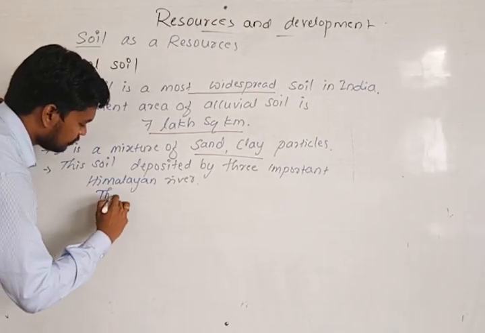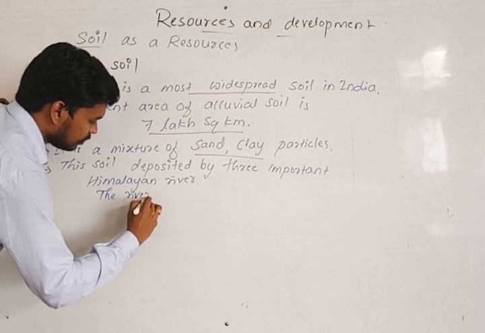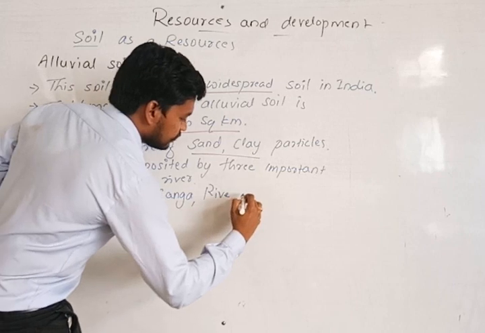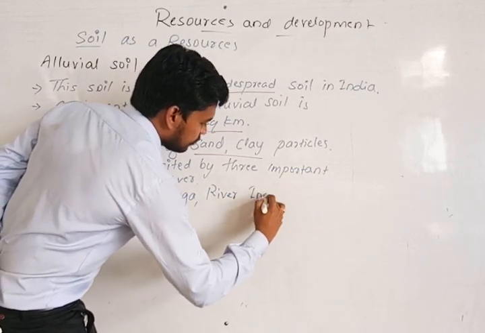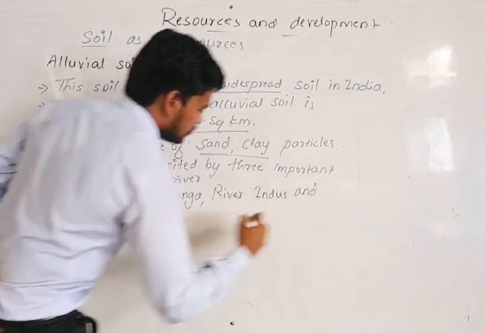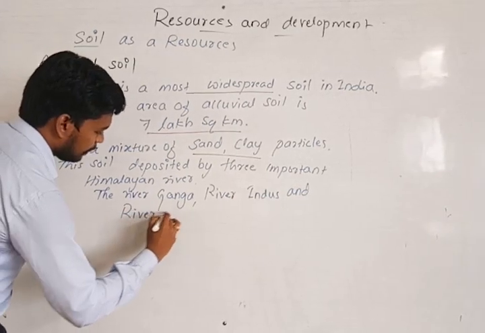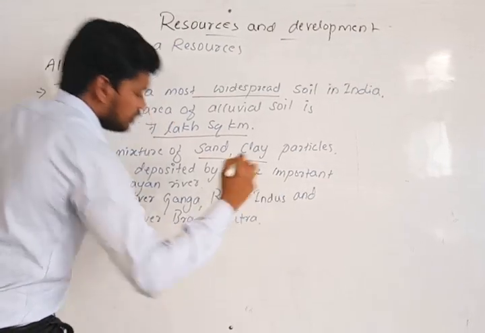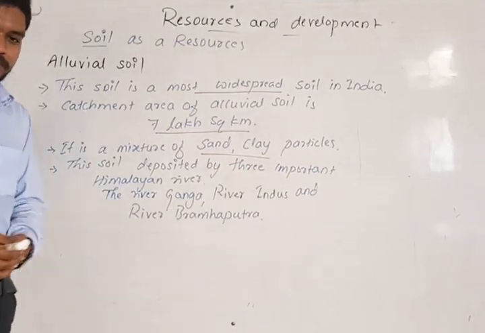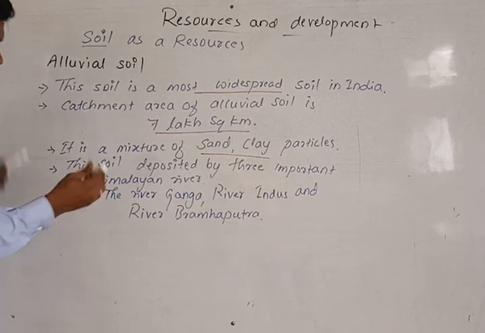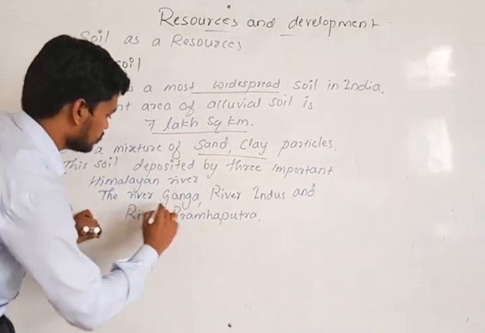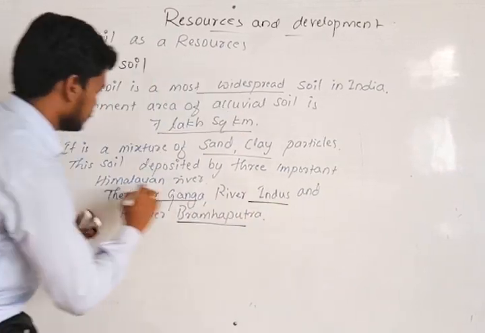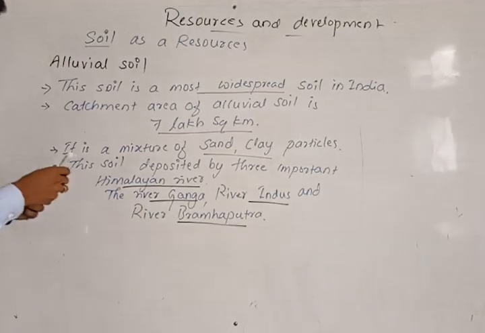The river Ganga, the river Indus and the river Brahmaputra. These are the three important rivers which cause the formation and deposition of alluvial soil.